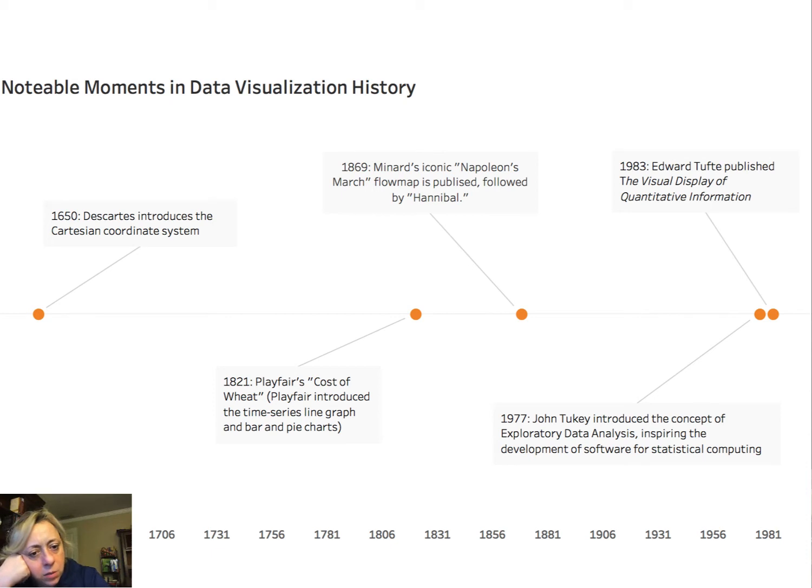Then it's really important to mention that in 1869, Minard's iconic map of Napoleon's March, the flow map, which we're going to see in a couple of slides, was published, and it was followed by Hannibal.